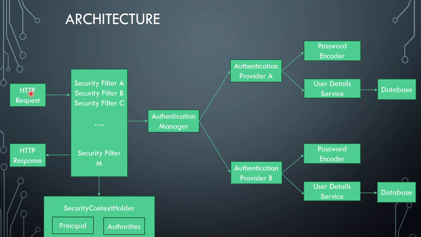So this is the architecture of Spring Security. Once we make any request from our web client, an incoming HTTP request will be sent, and within this we have security filters. It can have any number of security filters. The security filter is the main backbone of Spring Security.